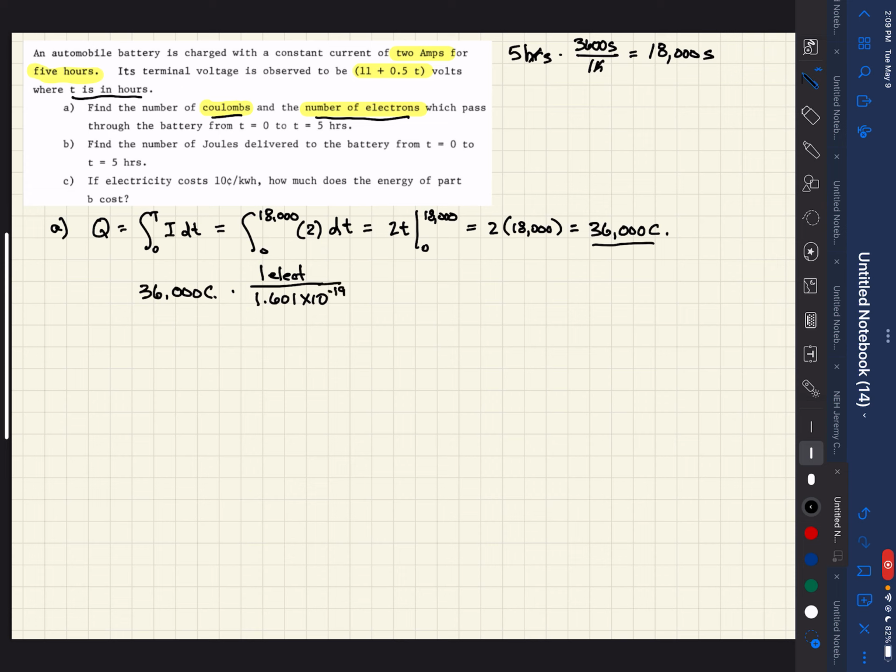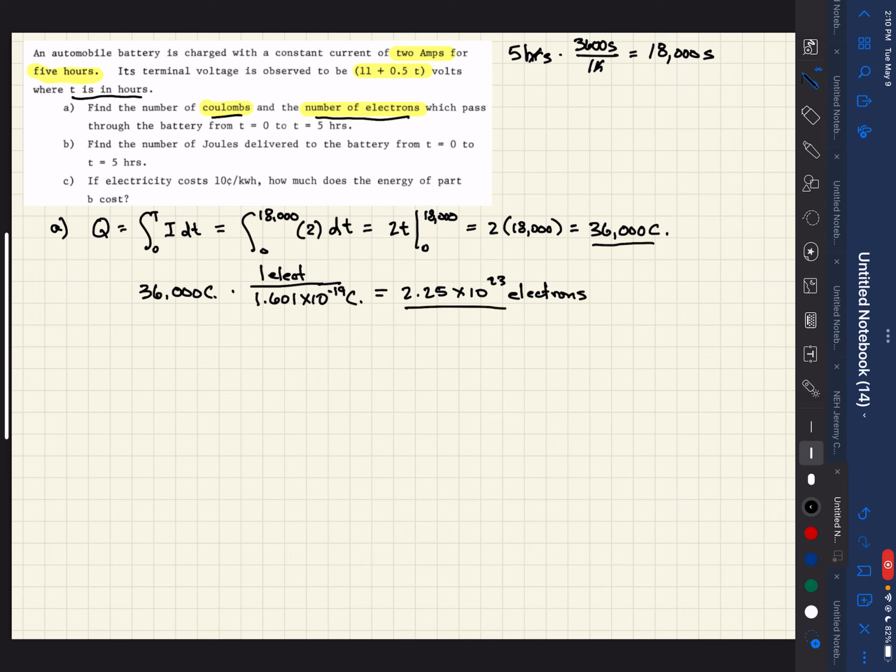So that's the charge in coulombs of one electron. So if we divide that out, punch that into our calculator, we should come up with 2.25 times 10 to the 23 electrons.